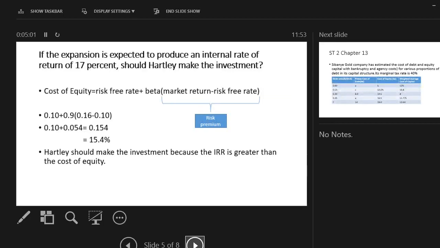Its weight multiplied by the beta for NGP, plus oil and gas production, OGP, multiplied by the beta for OGP, plus oil and gas exploration, OGE, multiplied by the beta for OGE.